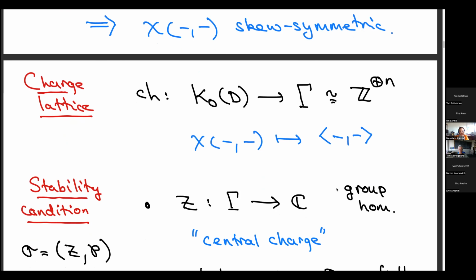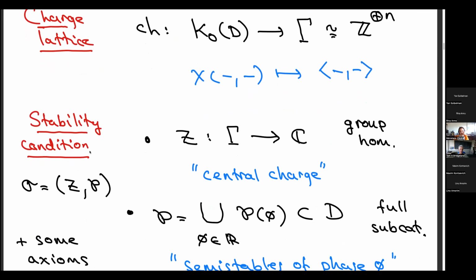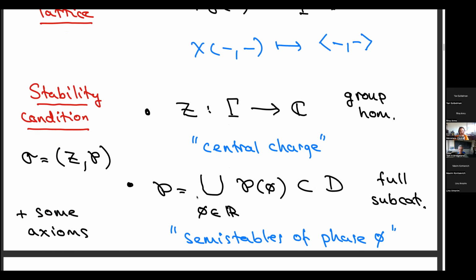Okay, so once we've got that data, a stability condition, which I denote by sigma, consists of 2 pieces of data: a central charge, which is some group homomorphism from this lattice gamma to the complex numbers, and some full subcategory of semi-stable objects, denoted P, which is graded by the real numbers.